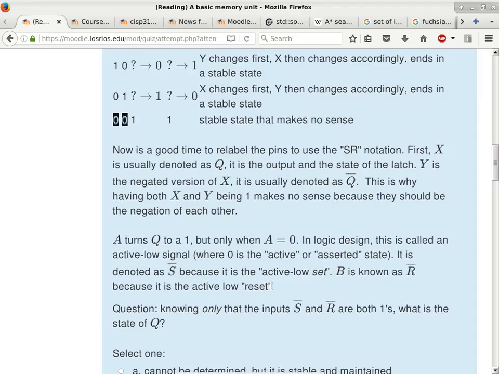When you first turn on the computer, how does it set the SR latch to its initial state? How do you set A and B to whatever you want in the beginning? Well, the input pins are connected to something else, so it depends on how you control those input pins when you first power up a computer. That's an interesting question. What is happening inside the computer so that it starts with a known state?